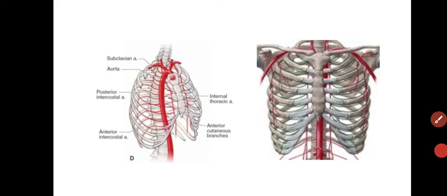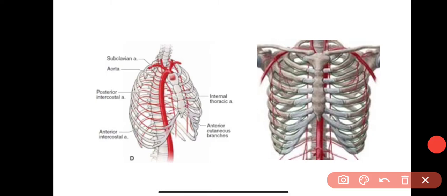Now what is the posterior intercostal artery? This is the aorta. The aorta gives branches perpendicular to its length.